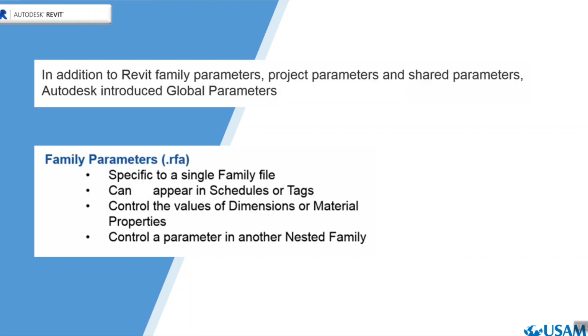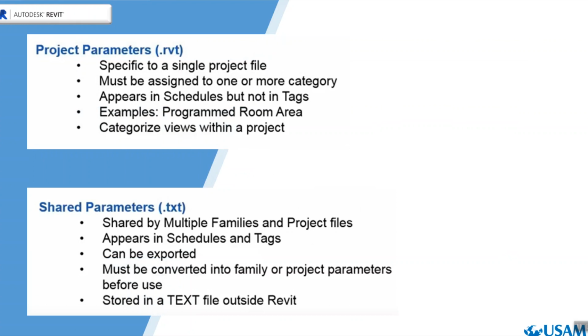But what is a project parameter? I can specify a project parameter for a single file, and apply it to different categories of components: a door, a wall, a column. So one parameter you generate can be applied to many components.